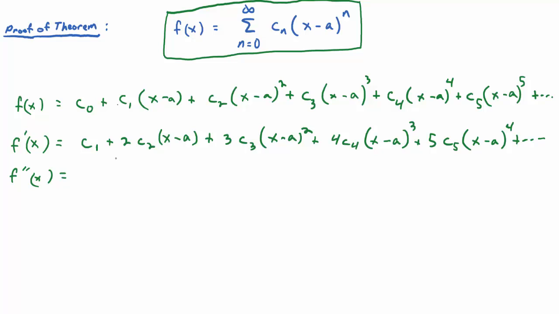What's going to be left when we take the derivative of the derivative? What's f double prime? Just 2c2. Sounds like do-si-do, right? And then plus what? 6.